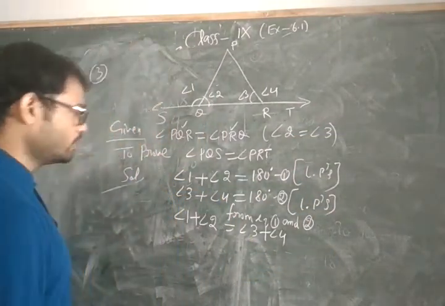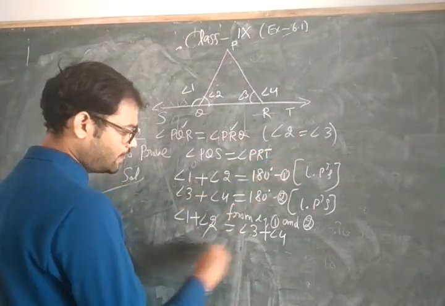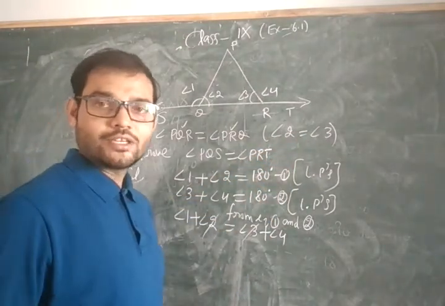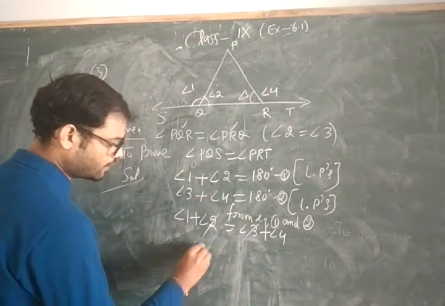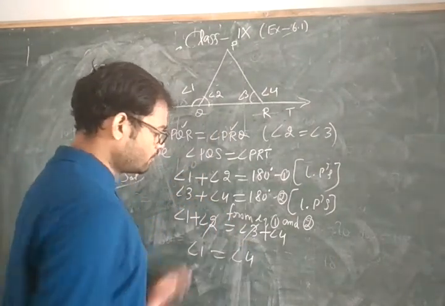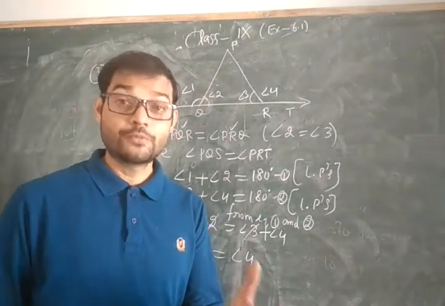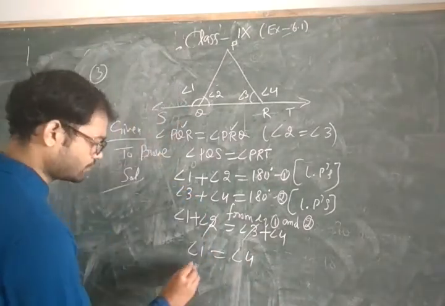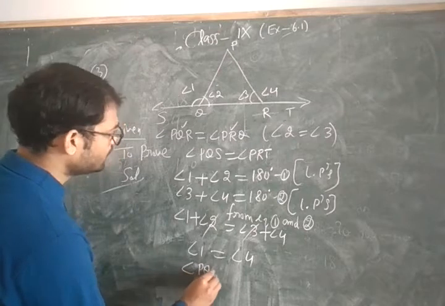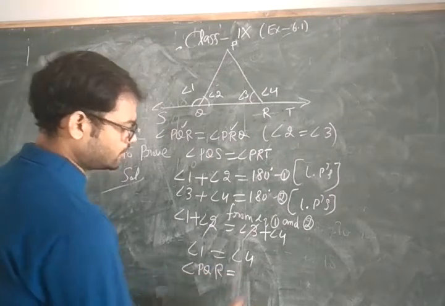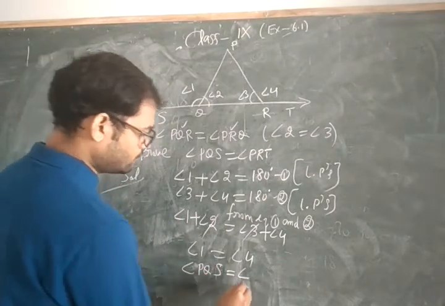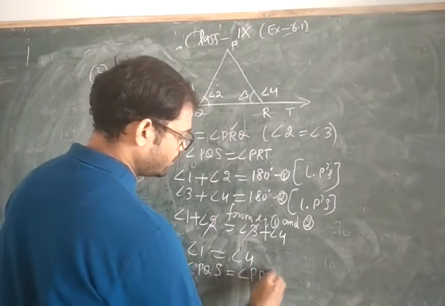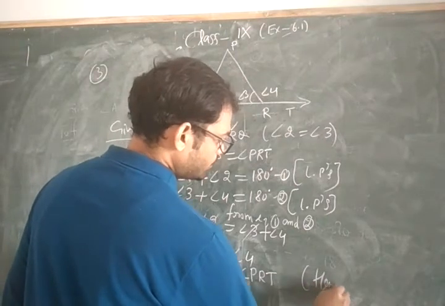So if they are equal, we can cancel them. आप 2 and 3 को cancel कर सकते हैं. So angle 1 is equal to angle 4, which we want to prove. So you can just write here that angle PQS is equal to angle PRT, hence proved.